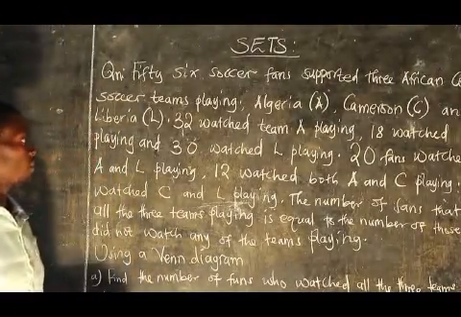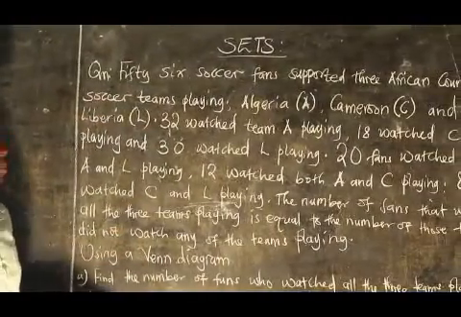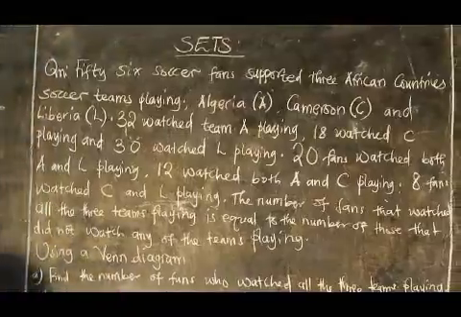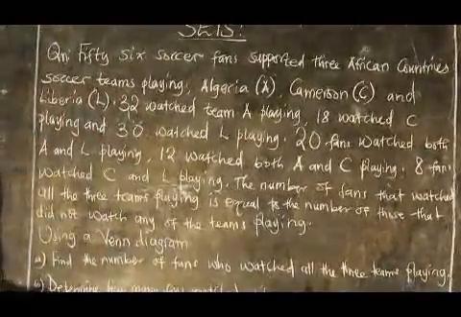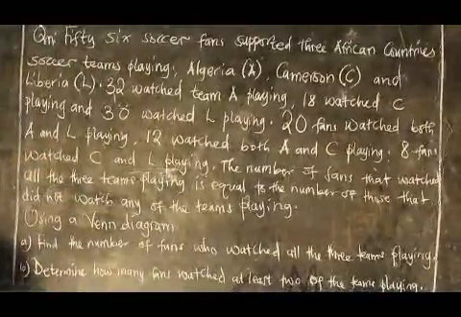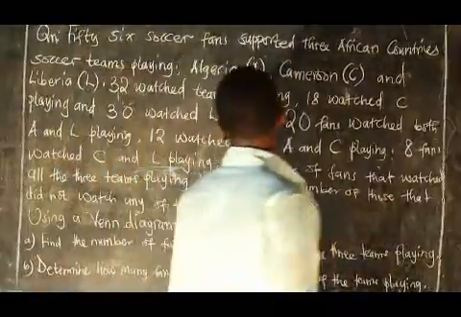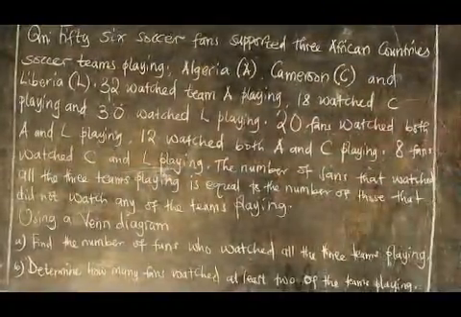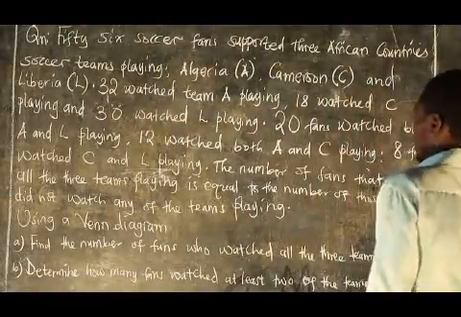They're telling us that 56 soccer fans supported 3 African countries' soccer teams playing: Algeria, Cameroon, and Liberia. And these countries are being given letters. Algeria is A, Cameroon is C, and Liberia is L. 32 watched Team A play.